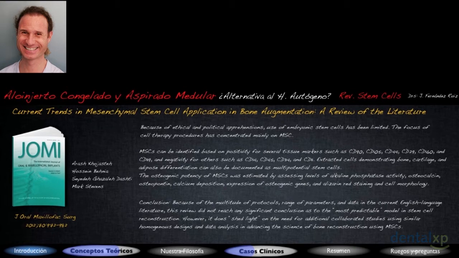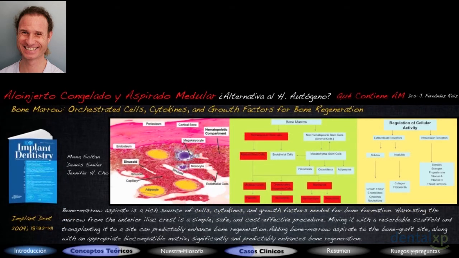Here, as I mentioned previously, Muna Sultan is looking for a cascade of cells, cytokines and growth factors that interact in the regeneration. And they investigate if this immune cascade can occur after a medullary aspiration.